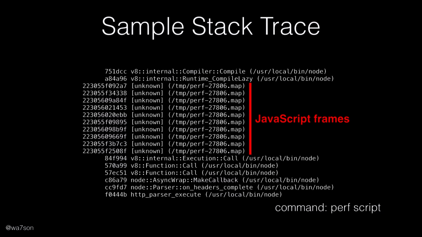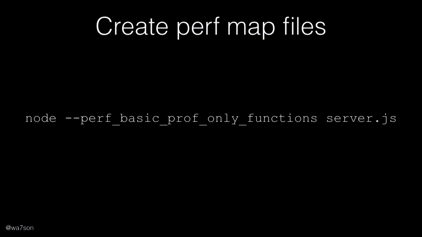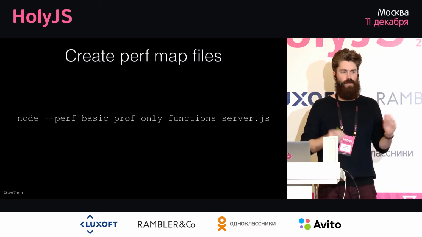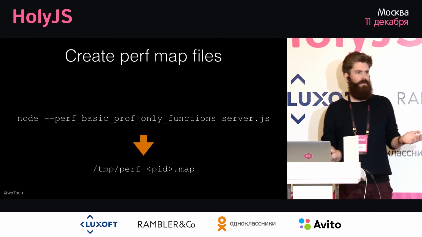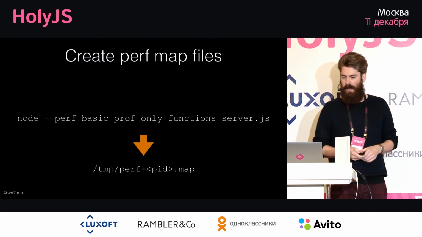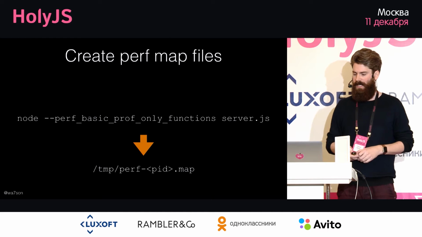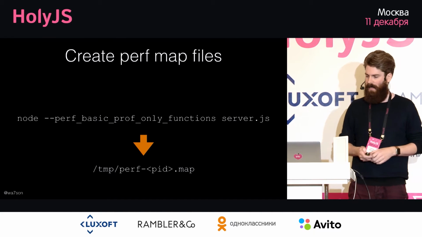So the solution is to ask Node to record a little bit of metadata, because Node knows a lot about our JavaScript code. So we run our Node server in production with --perf-basic-prof-only-functions. That will create a map file between the memory addresses and the actual JavaScript code. By default it saves that in the temp directory with the process ID of the Node process.